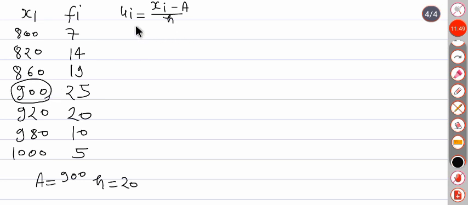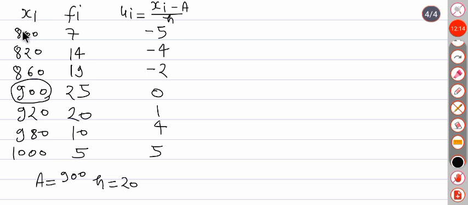Now if you calculate, it would be minus 5, which is again very small, then minus 4, minus 2, 0, 1, 4 and 5.